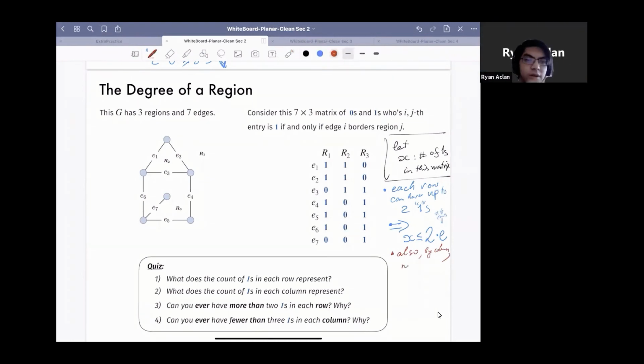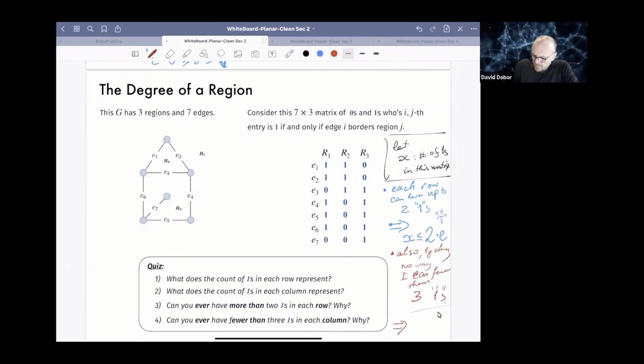Because each region has to be enclosed by at least 3 edges. Exactly. No way I can have fewer than 3 1s. So do you see that the number of 1s in each column is 3 or more?